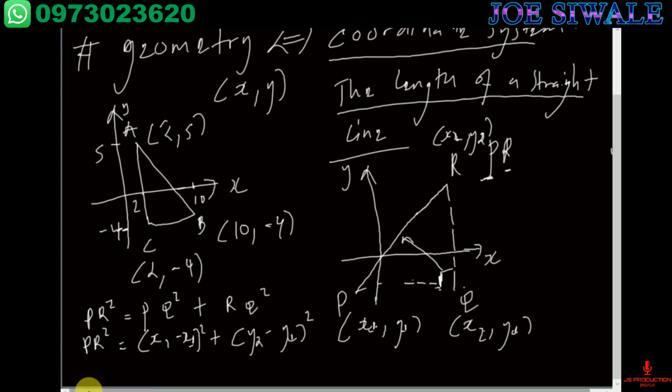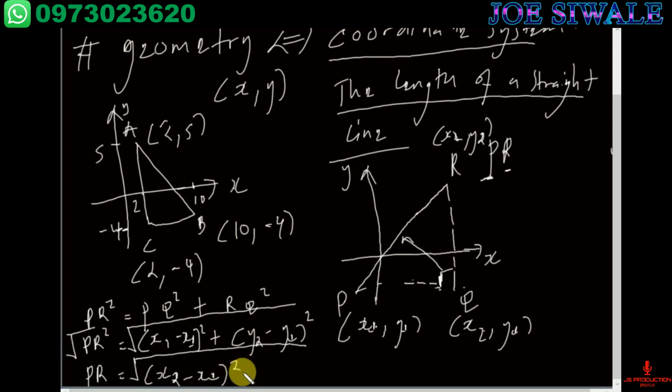So for us to find PR, we take the square root on this side and the square root on that side. This is going to give us PR equals the square root of (x2 minus x1) squared plus (y2 minus y1) squared. So this is the formula that we use when calculating the length of a straight line between 2 points.